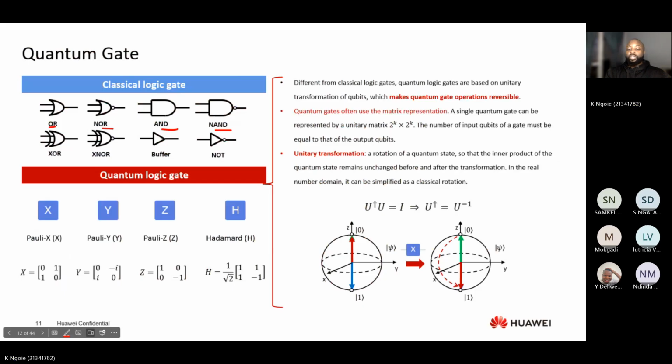So you have all these types of gates that you can have in classical logic, the logic gate, right? So is there anyone that has never heard about logic gate? Anyone who has never heard about logic gate? Yeah, anyone?